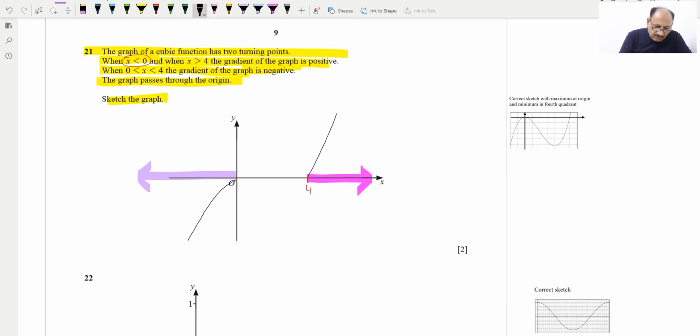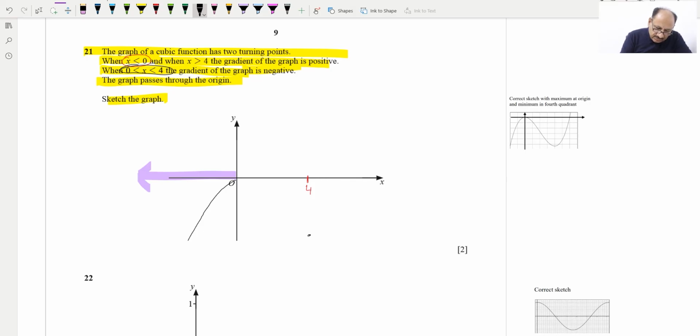So gradient is positive for these two sections. And then for the second instruction, when x is in between 0 and 4, the gradient of the graph is negative. So we have to take this a little above, like more value, like for example this one 4 should be here.